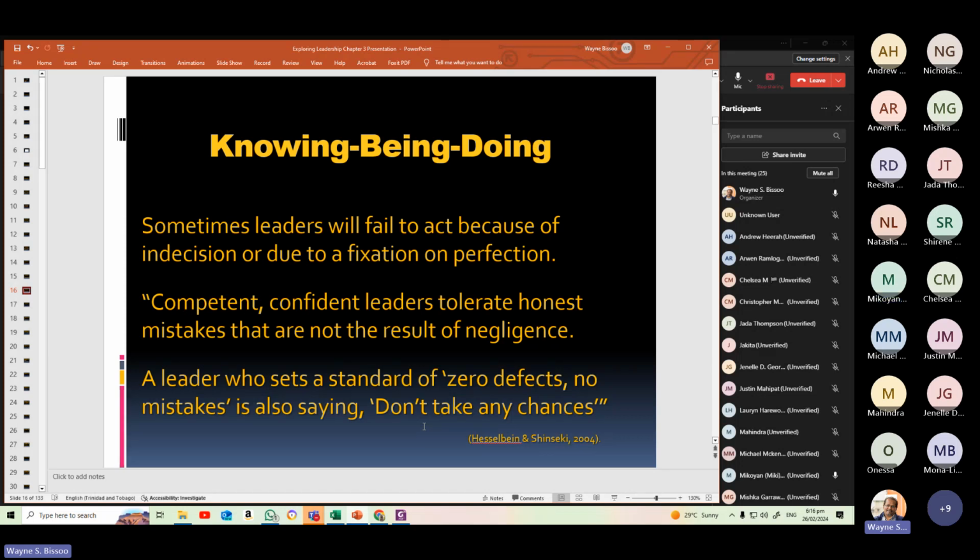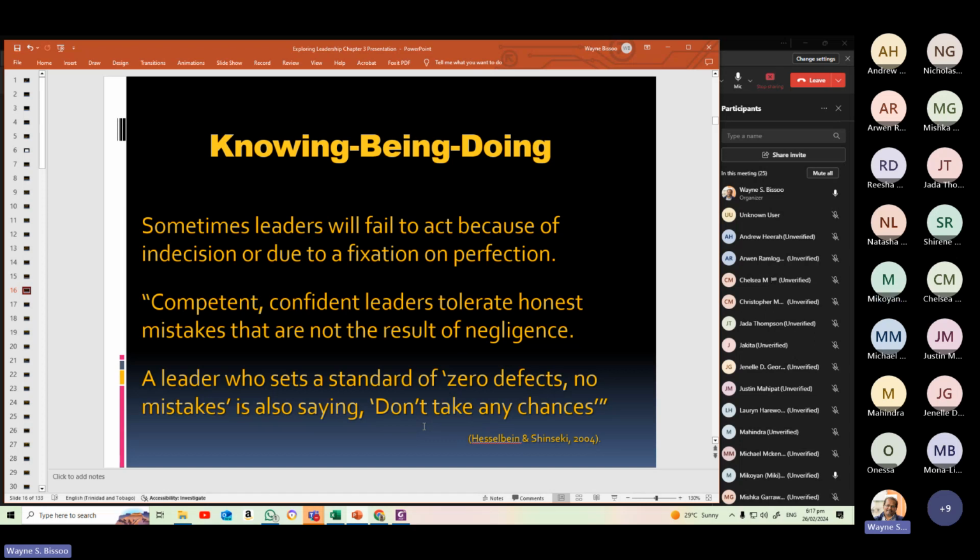the overall learning potential. Now, I've actually worked under a leader like this, waiting for perfection, and we never did anything. As a result of waiting for that, we spent years as an organization in a holding pattern, and we did nothing. We took no chances.